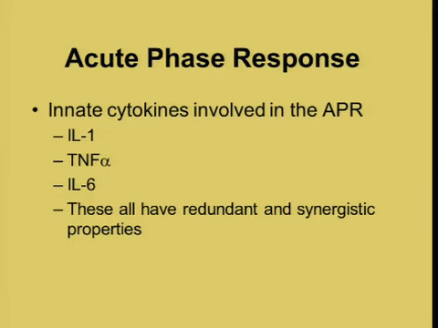So, for example, if you have an insult at a particular site and it cannot be contained, now the cells that deal with this insult start secreting inflammatory cytokines that go systemically. For instance, interleukin-1, TNF-alpha, interleukin-6. And this, in turn, as a second wave, turns on the acute phase response.